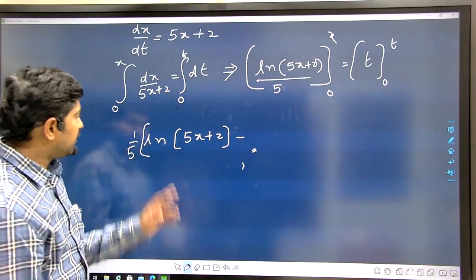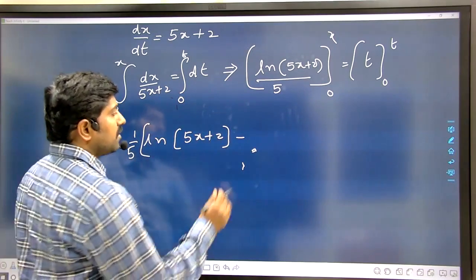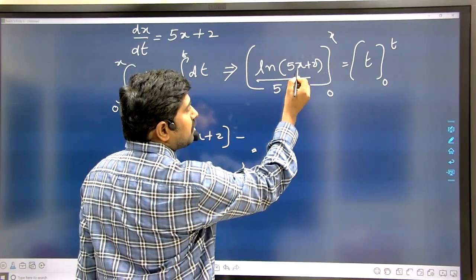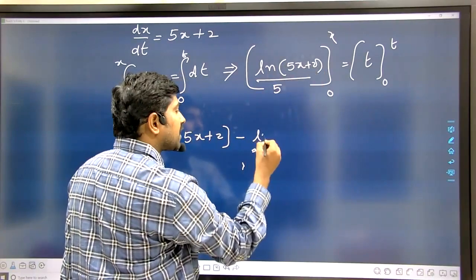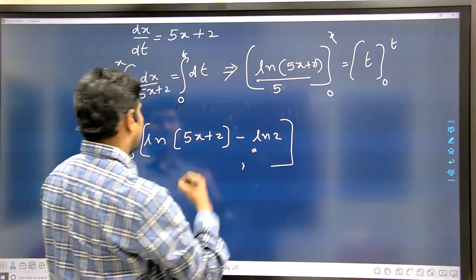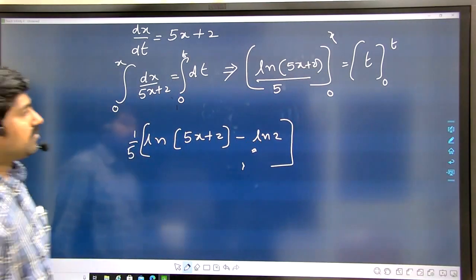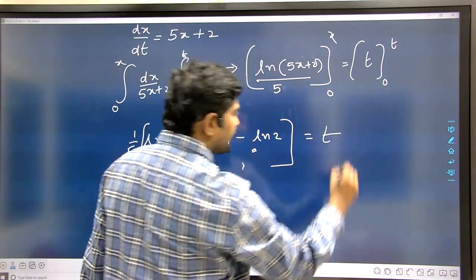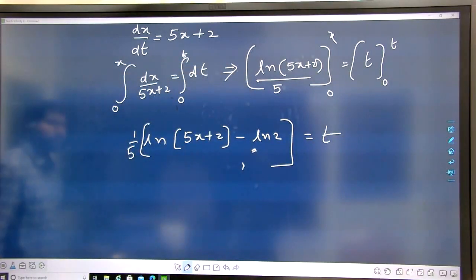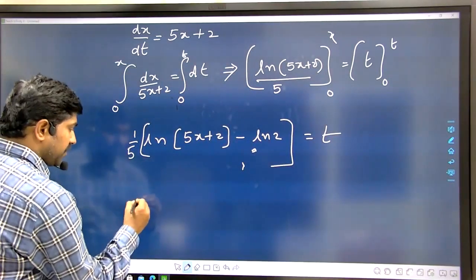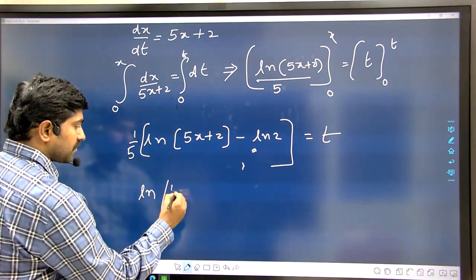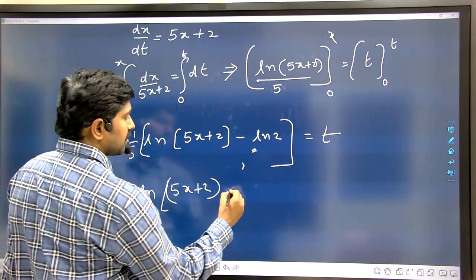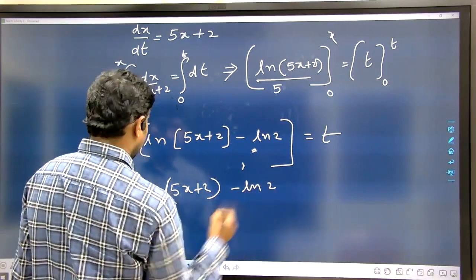When you substitute the upper limit, that is log 5x plus 2, when you substitute the lower limit 0 here, 5 into 0 will be 0, only 2 will be there. That means it will be log 2, and which is equal to, by substituting upper and lower limits here, you will just get only time t. Now, this will be log of 5x plus 2 minus log 2.